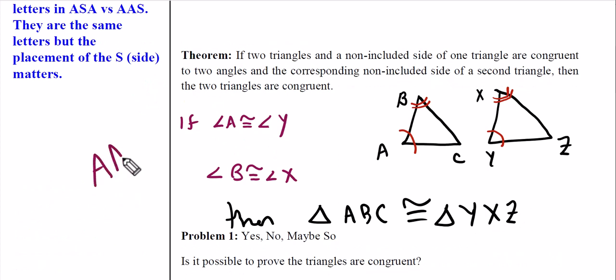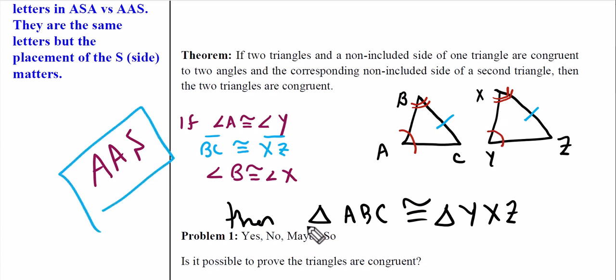For AAS, if I have angle A is congruent to angle Y and B is congruent to angle X, well, if you happen to give me a side that's not in between the two, let's say we give you this side, or even if we give you the other side instead. So if we give you BC is congruent to XZ, that side is not in between these two angles.